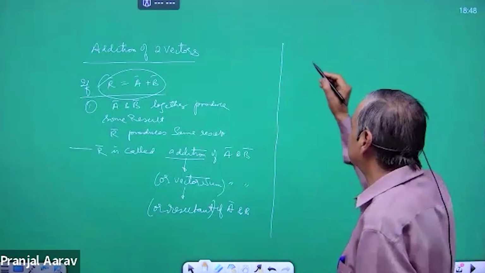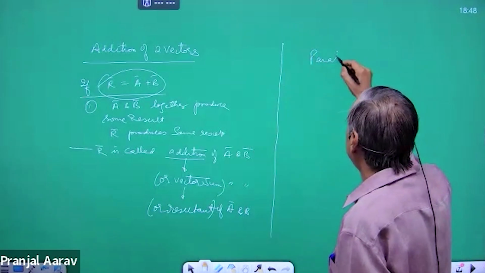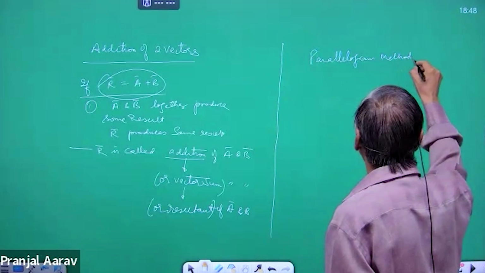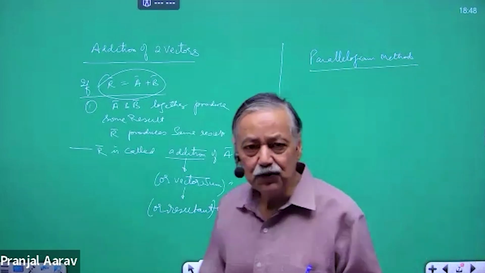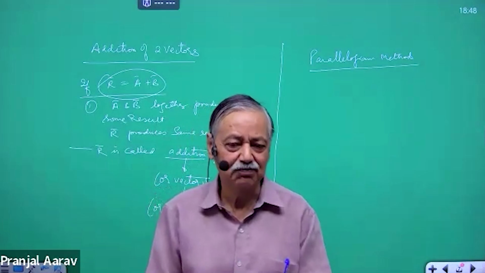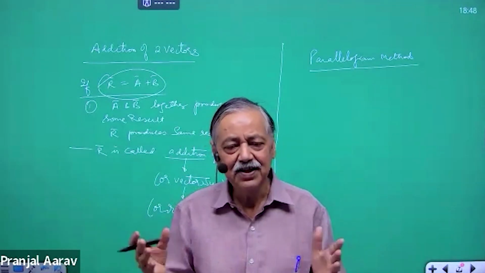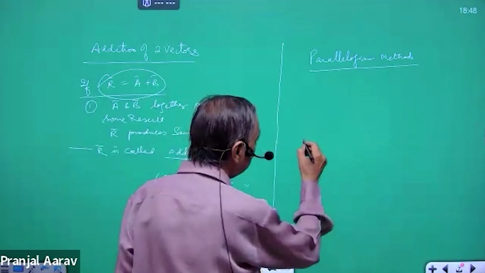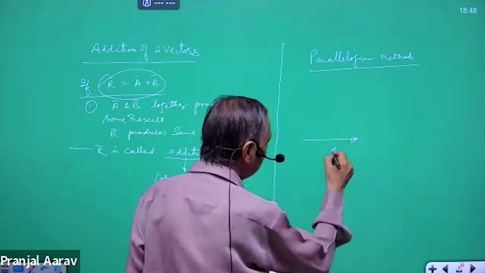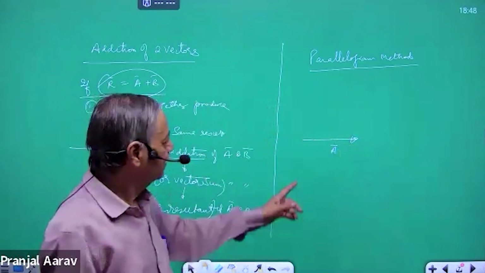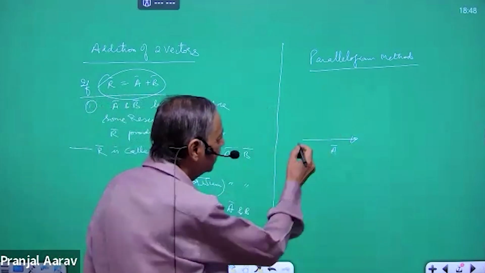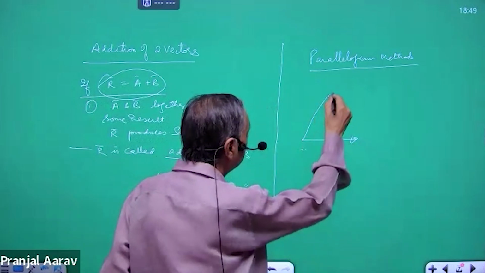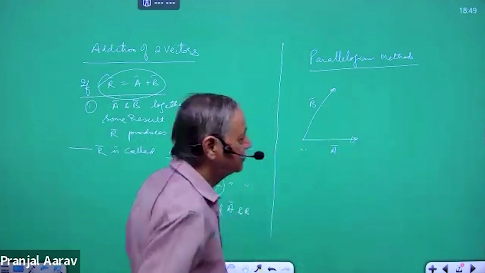Then how to find it? There is one parallelogram method. We will make a parallelogram, and from that parallelogram, we can get the value of R. You see here, I will write A vector like this, and B vector like this.